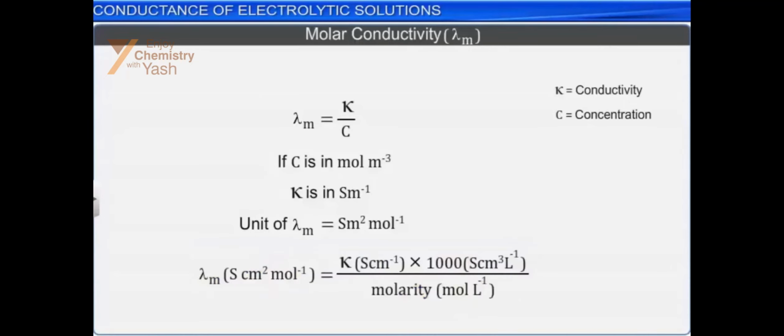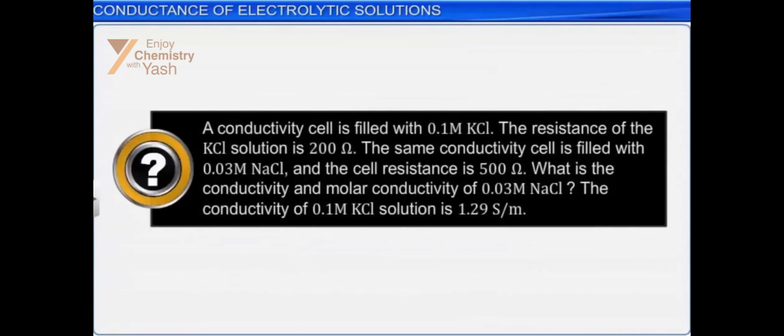Let's work through a typical problem together. A conductivity cell is filled with 0.1 M KCl. The resistance of the KCl solution is 200 ohm. The same conductivity cell is filled with 0.03 M NaCl, and the cell resistance is 500 ohm.